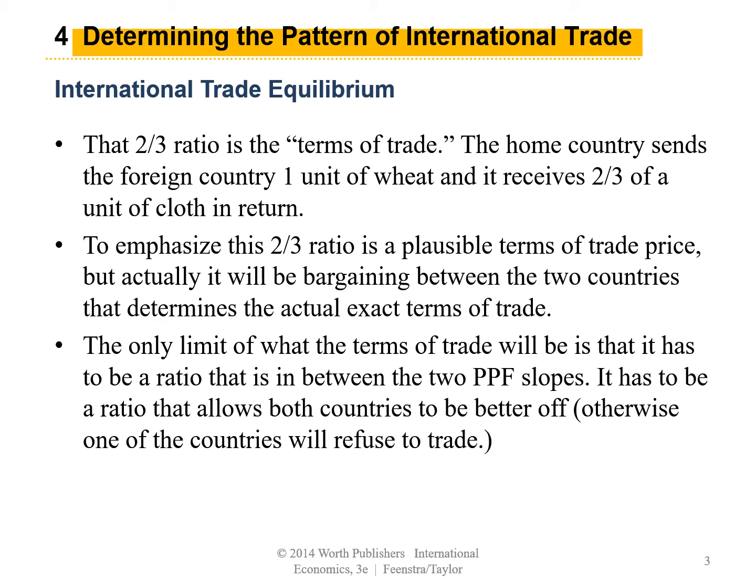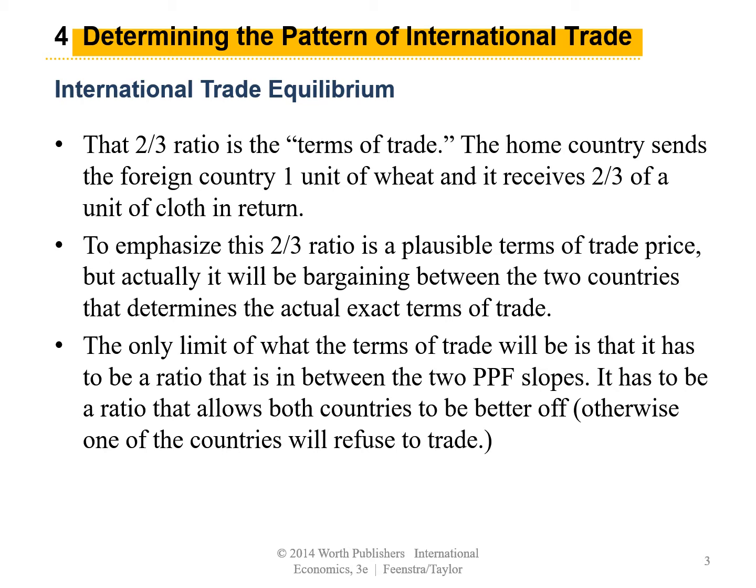And on page 18 of my notes, you'll see I call that also the trade price. And I write there in my notes on page 18, the trade price has to be in between the two slopes that the two countries have when they're in autarky, being non-trading.